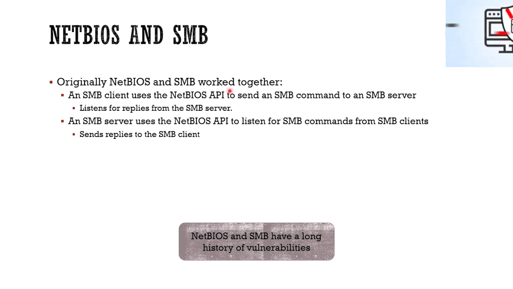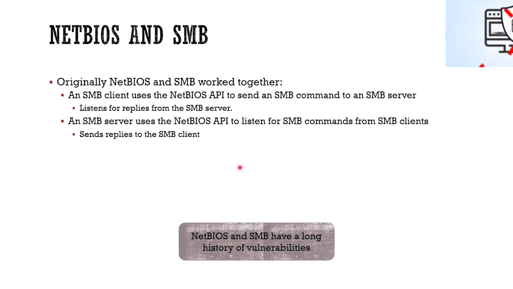The SMB client would use the NetBIOS API to send a command to an SMB server, and it would listen likewise for responses. And the server would use the NetBIOS API to listen for incoming requests and send the responses. Like I said, since Windows 2000, which is over 20 years ago, there are still Windows 2000 devices out there, believe it or not.